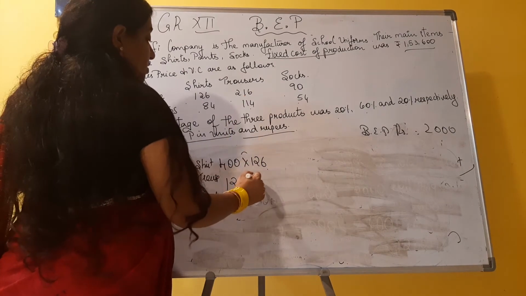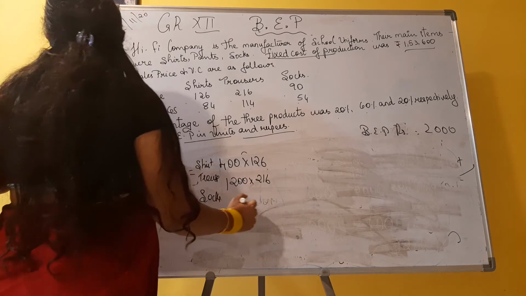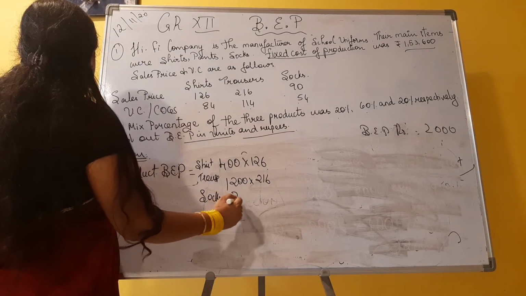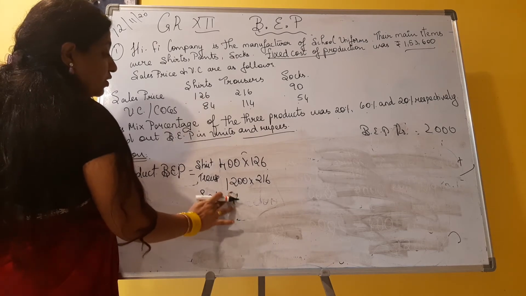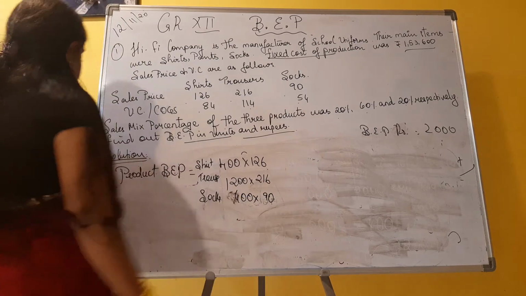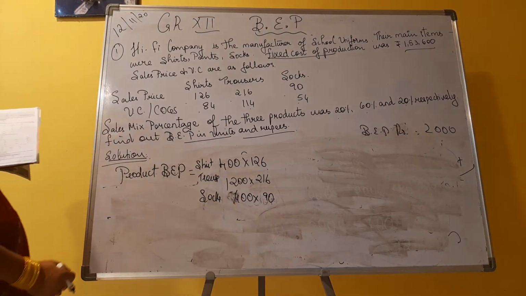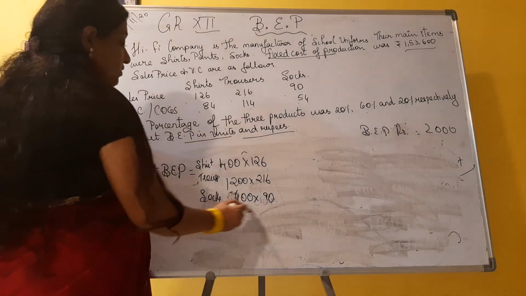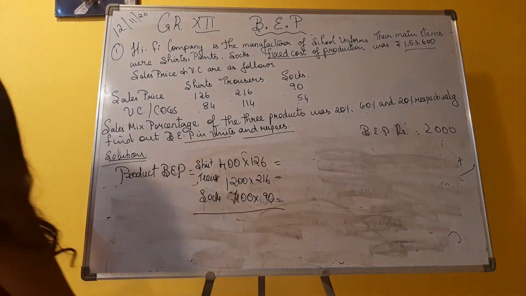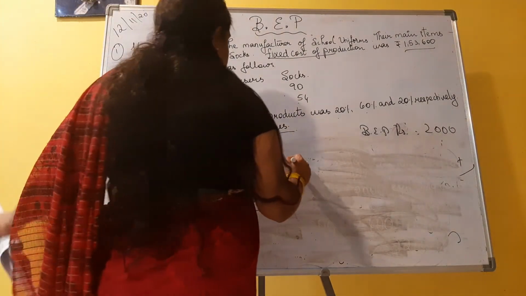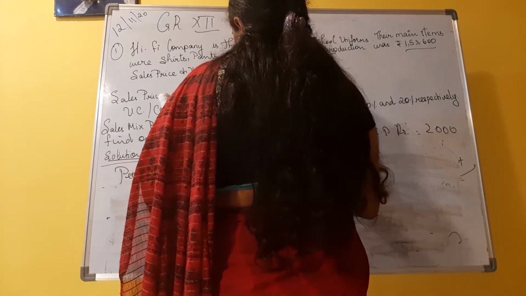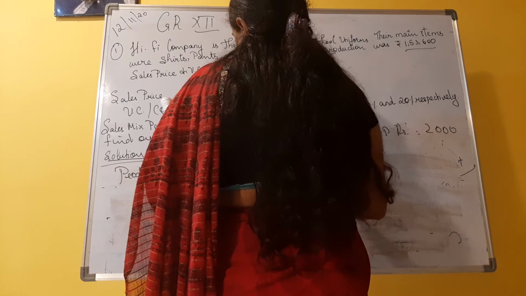And for socks, 400 into 90. So overall we arrive at 3,45,600.